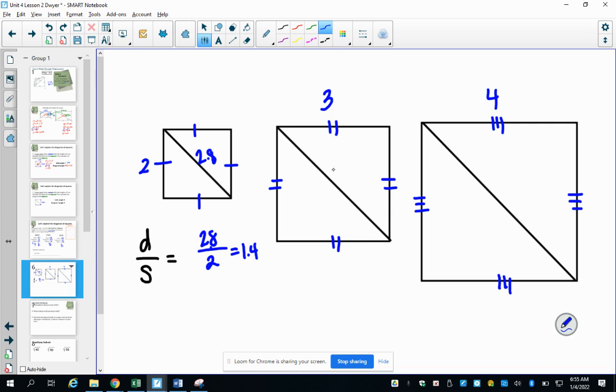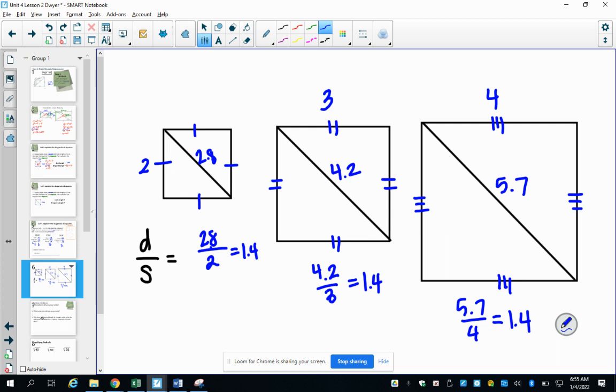This diagonal with Pythagorean theorem, you would have gotten to be 4.2. 4.2 divided by 3, you would have gotten 1.4. This one with Pythagorean theorem, you would have gotten 5.6 or 5.7-ish. So 5.7 divided by 4, you would have gotten 1.4.